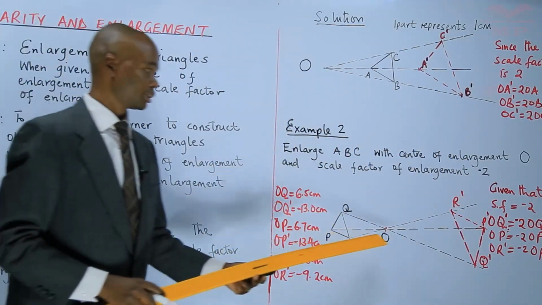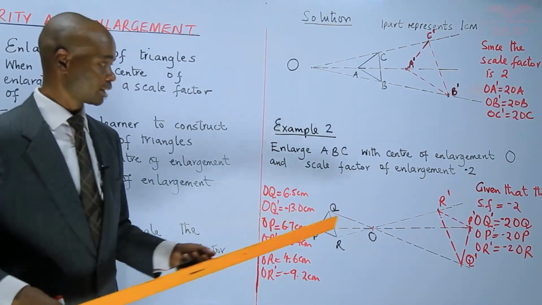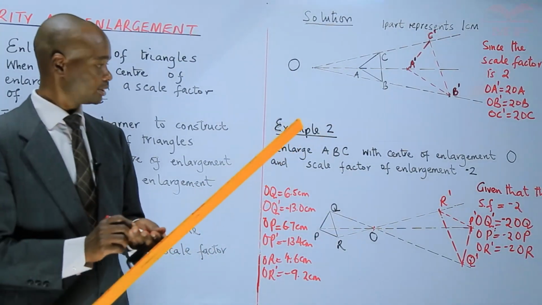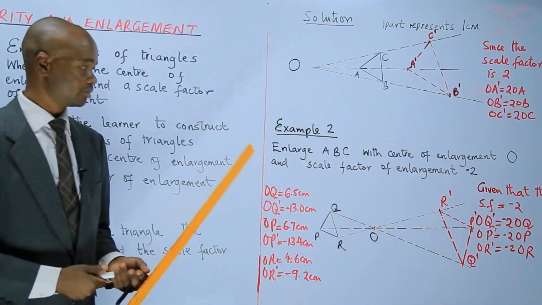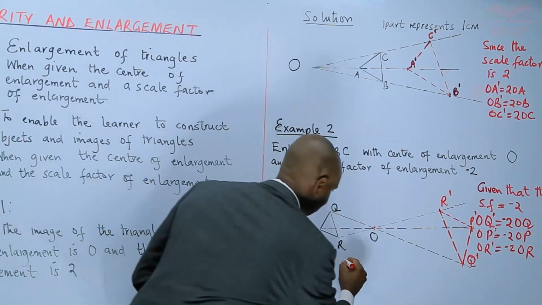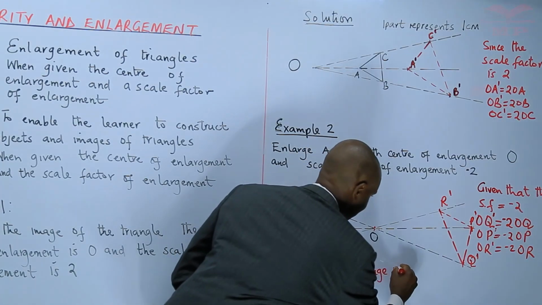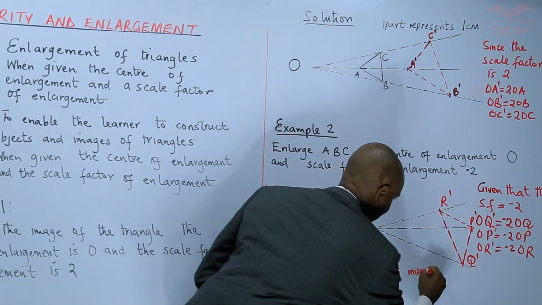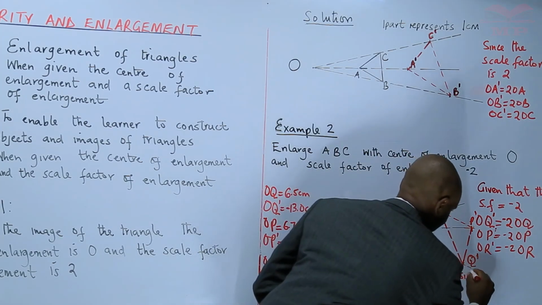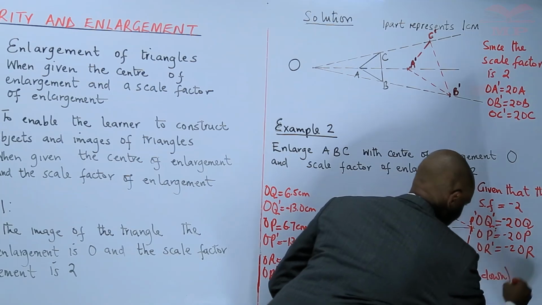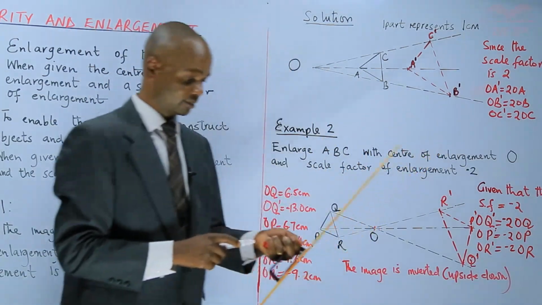The image has doubled in size and it is also inverted. So that is what you do when you have a negative enlargement. So you realize the image is inverted, upside down. Another meaning of the word inverted is upside down.